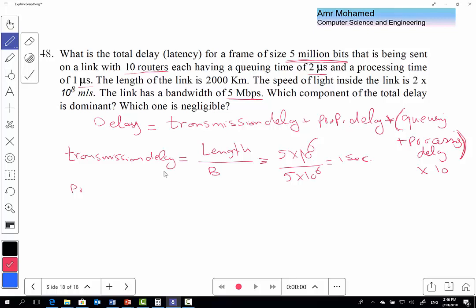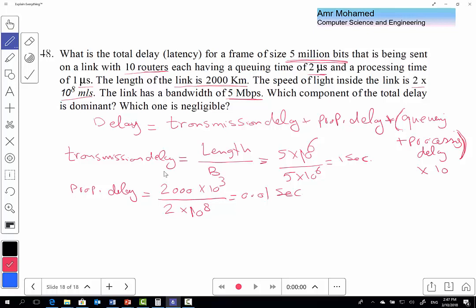All right, propagation delay equals the length of the link divided by the speed. Okay, so the length is 2000 times 10, because it's kilometers, 2 times 10 to the power 3 divided by 2 times 10 to the power 8. So that's 0.01 seconds.